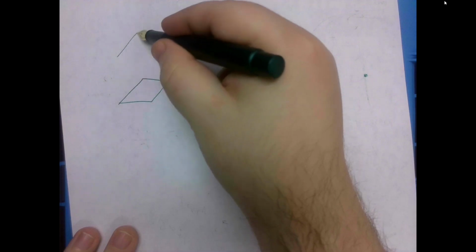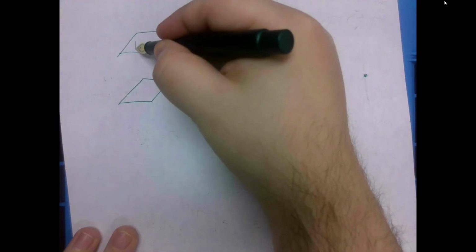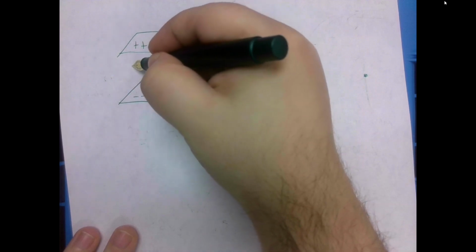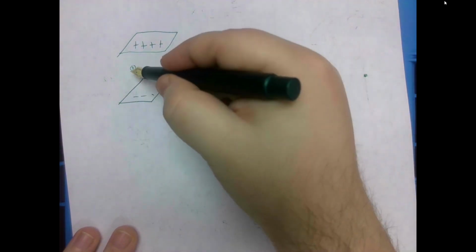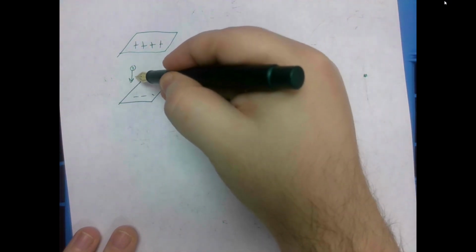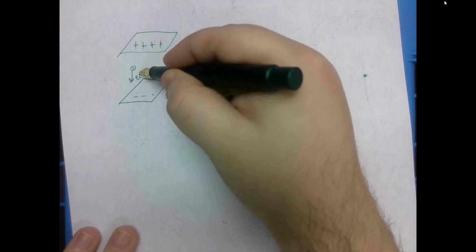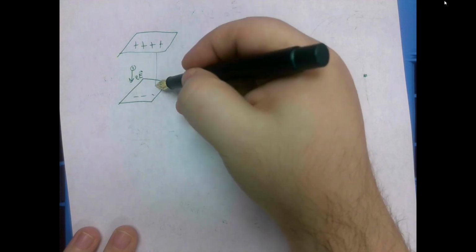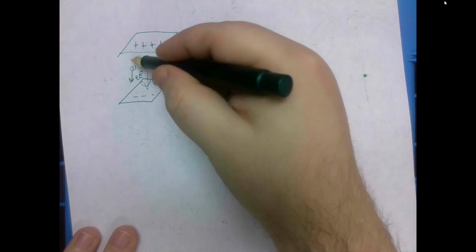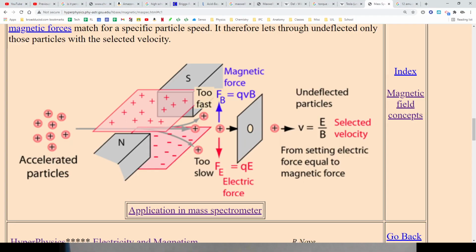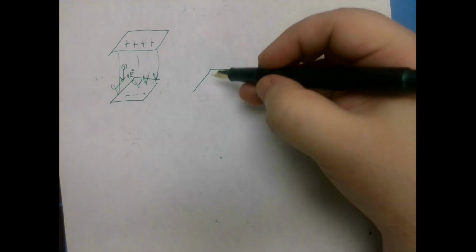So if you have your parallel plates, this is all positive charges, all negative charges, and you put a positive charge in it, it's going to experience a force equal to Q times this electrical field strength, pointing downward. If you have, in what direction is it? North.